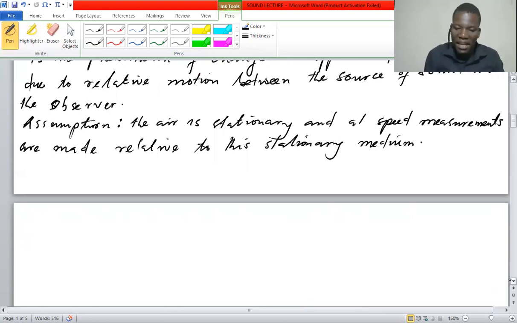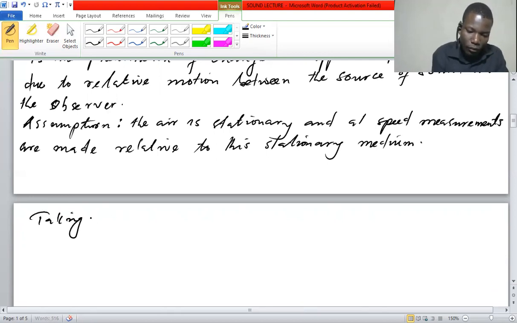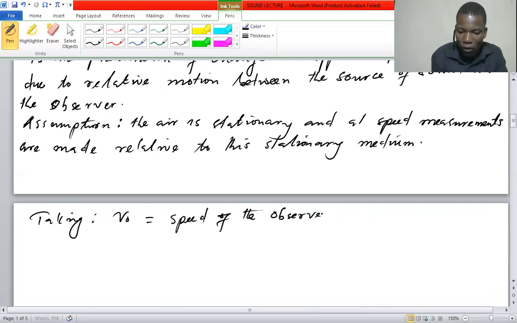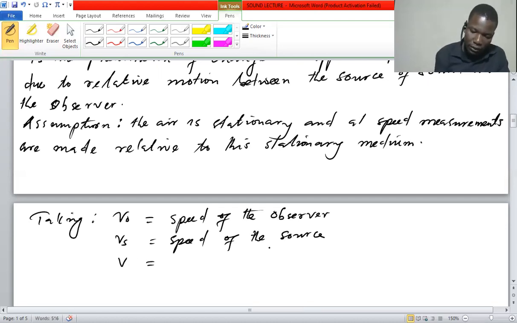So we are going to take VO, the speed of the observer, where O means observer, and then we have Vs, the speed of the source. Then we have V as the speed of sound.